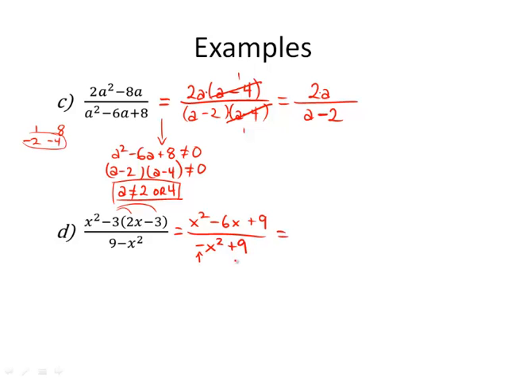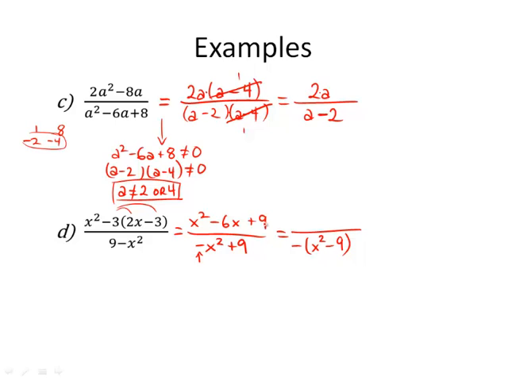We also want leading coefficients to be positive, so let's factor out a negative, leaving us with negative x squared minus 9. Hopefully you're starting to see the reasons for these rules that seemed a little bit arbitrary at the beginning, because our goal is to see that the factors are common, and the only way to see them to be the same is if they are ordered in the same manner.